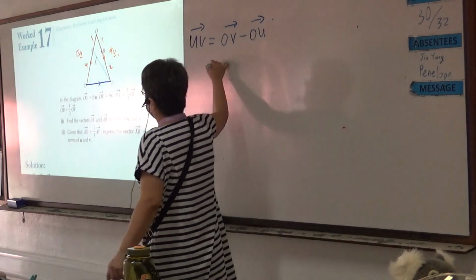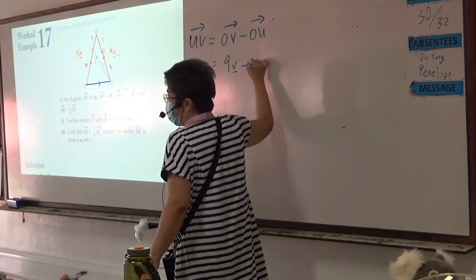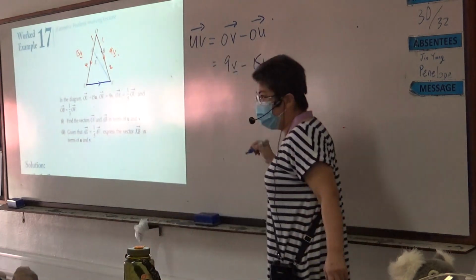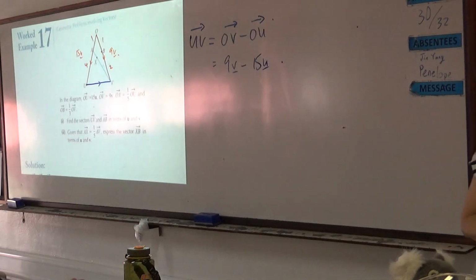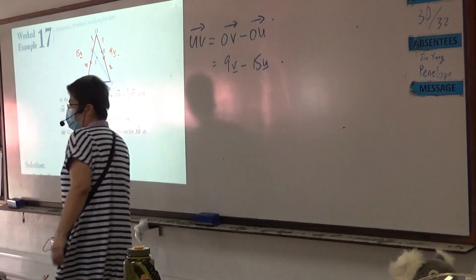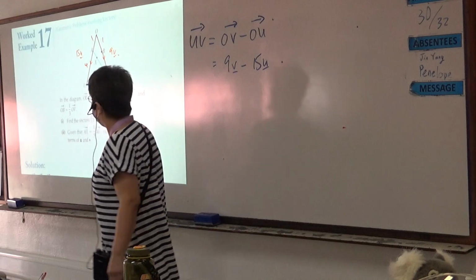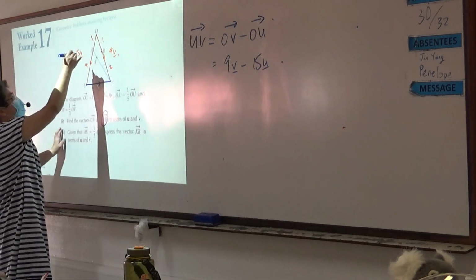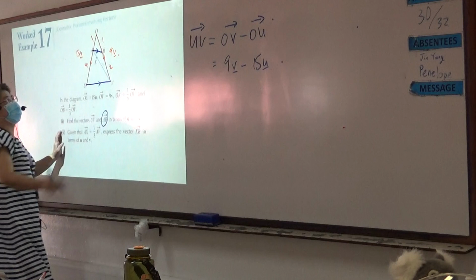So what is this? 9V minus 15U, right? Okay, next, what do they want? They want AB. Now, AB means I will join this, right? AB like this, right?